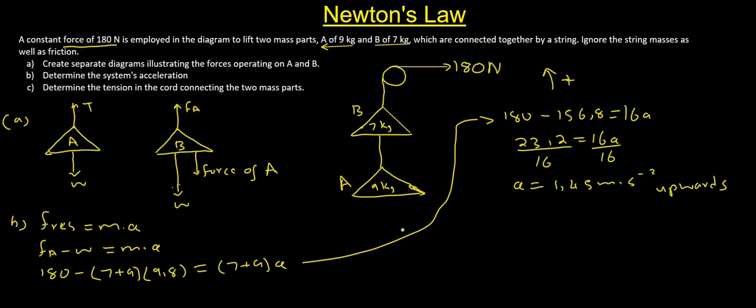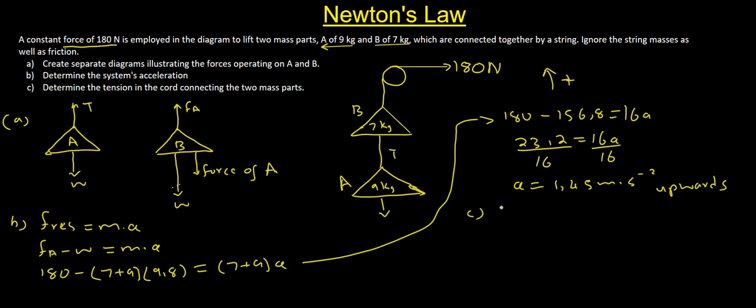So let's look at question number 3. Determine the tension in the cord connecting the two mass parts. We need the tension, so we'll be looking at 9 kg. Our main forces acting on 9 kg are the tension and the weight.